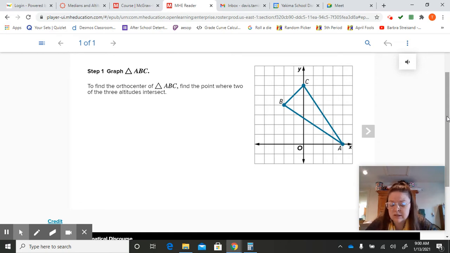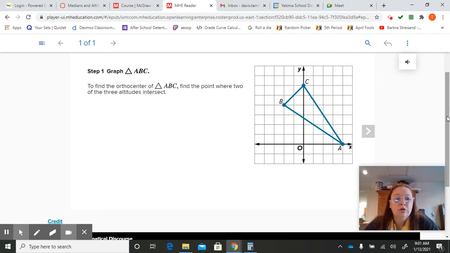Honestly, I've actually done something like that in real life, and I would never put it onto a coordinate grid and then do it that way. I would actually just take that triangle, measure it, find the center, connect those, and then just drill a hole right through it. But alas, we are not in real life. We are on the computer, so this is how we have to do things.